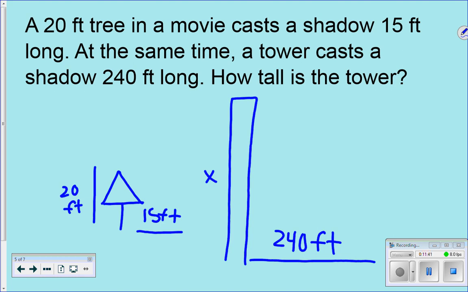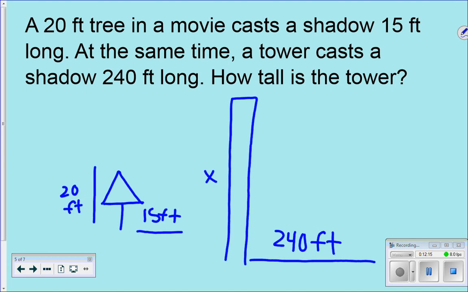Do set up a proportion. Set it up before you do this. You might need to draw a picture, Evan. I hate to tell you that. You might have to draw it. Look at my tree. There you go. Seriously, picture. That's the answer.